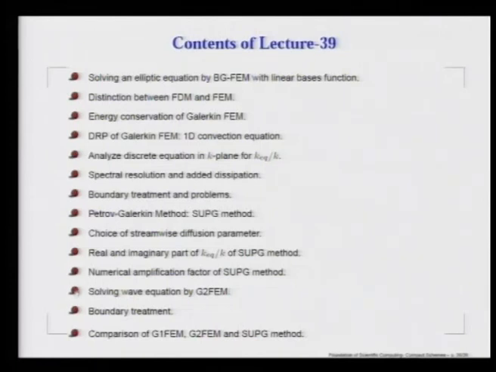So, that is why we investigate the quadratic basis function based Galerkin method, look at its boundary treatment and compare various results of the linear basis function based FEM, the quadratic basis function FEM, and the SUPG method. And with this we will conclude this lecture.